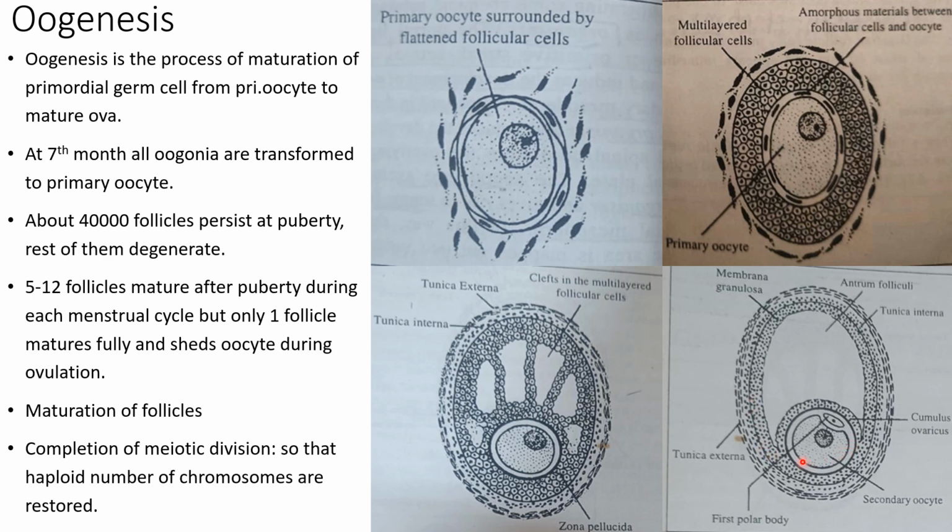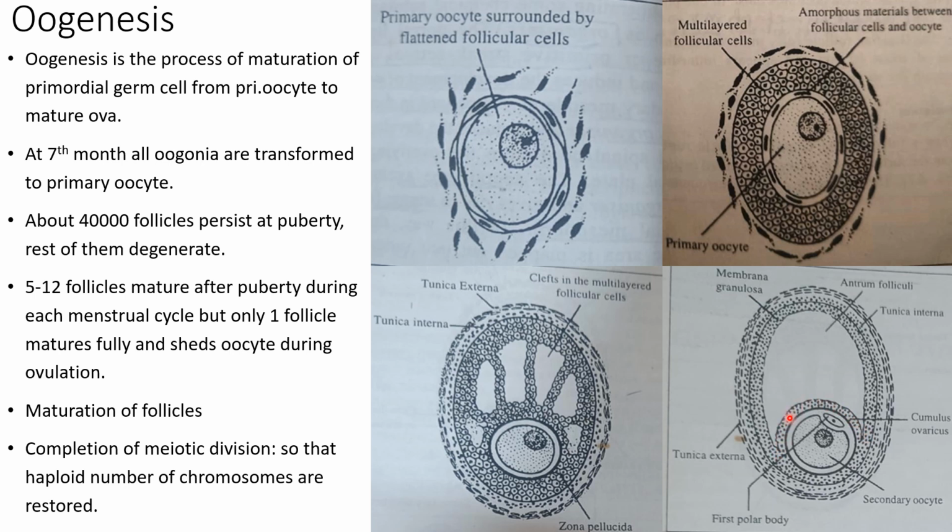So in the mature Graafian follicle, we have the secondary oocyte. The cell membrane of the secondary oocyte is known as vitelline membrane. This is the zona pellucida and this is the vitelline membrane. The space in between these two is known as perivitelline space, which contains the first polar body. Then the follicular cells will arrange themselves in two layers.